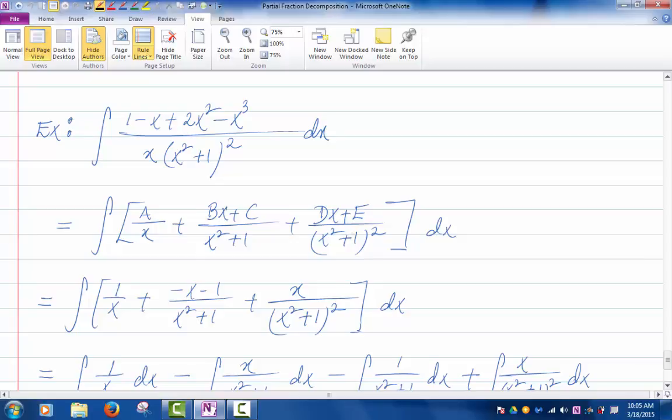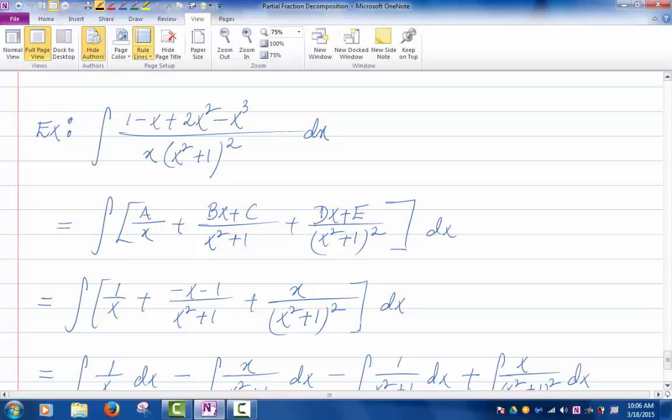And then, of course, you have to solve for A, B, C, D, E. When you solve for them, you get A is 1, B is negative 1, C is negative 1, D is 1, and E is 0. Once you plug them in, you get 1 over x plus negative x minus 1 over x squared plus 1 plus x over x squared plus 1 squared.